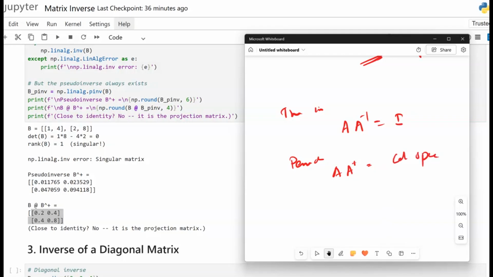According to this example, the matrix B maps 2D space onto a line, and this information is lost and not recoverable. But B plus provides the best possible inverse, giving the least square solution, and it cannot reconstruct the lost component.